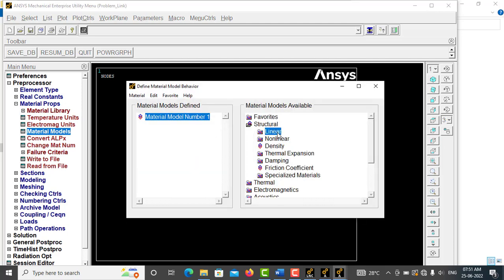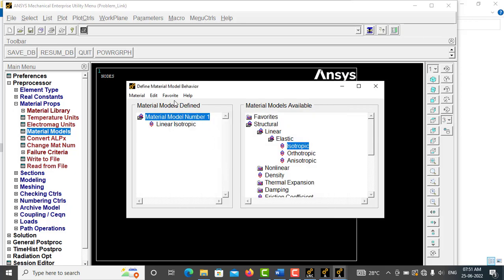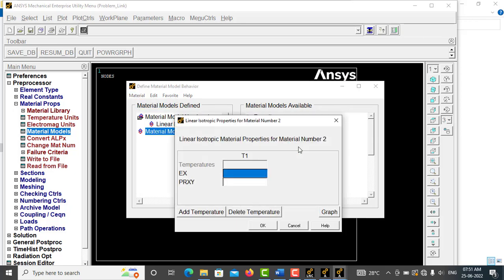Now I need to apply the material properties for each: Structural, Linear, Elastic, Isotropic, 2e5. We need not worry about the Poisson's ratio, because we are not going to calculate any change in length. So directly we can take 0.3, or let it be 0 also, it will not give you any problem.